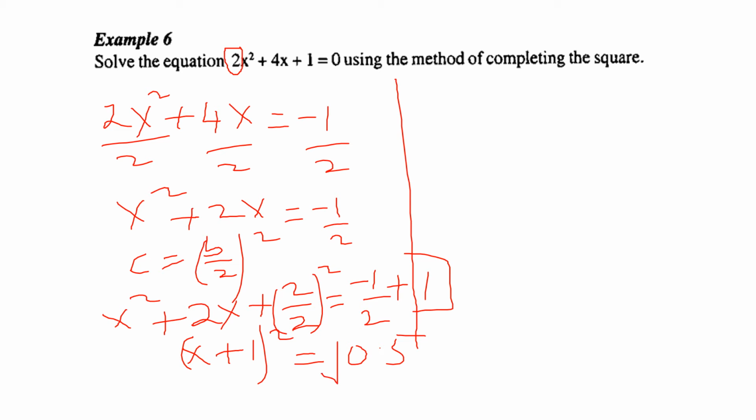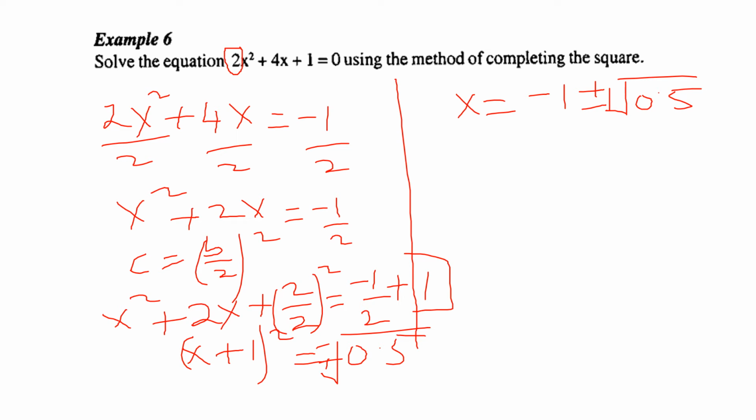Then from there you can get the square root of that, which is equal to plus or minus whatever answer we get from that. So in this case here, the value of x will be equivalent to, if we take this one to the other side, negative 1, then plus or minus the square root of 0.5.